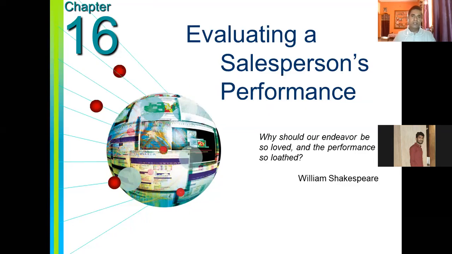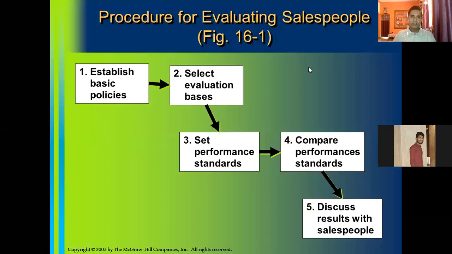Before I begin today's class, let me take a quick recap of what we have discussed so far. We are learning the procedure for evaluating salespeople. We have already discussed the first part, establishing basic policies, some broader policies regarding who should evaluate the salespeople, and whether it should be 360-degree feedback or management by objectives.